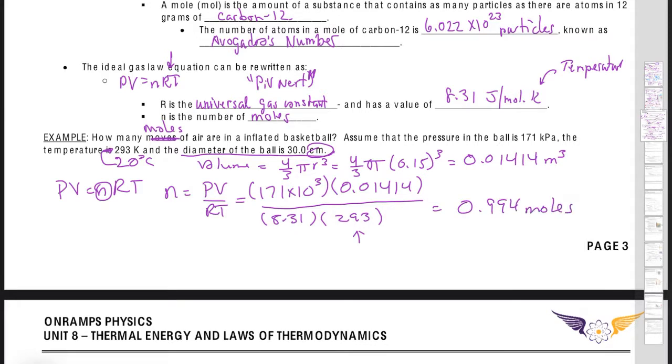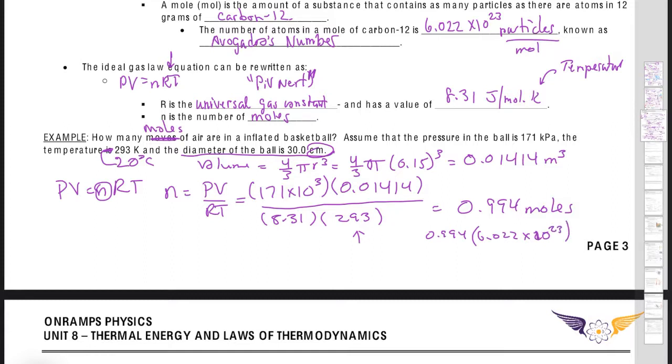And what they could also ask you is how many particles there are. The Avogadro number is particles per mole, right? So you say 0.994 times Avogadro's number, because that would be our conversion factor.